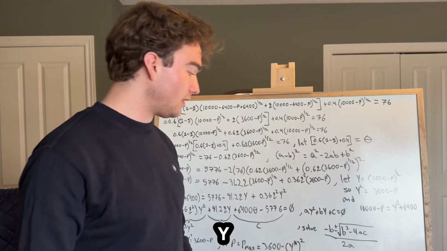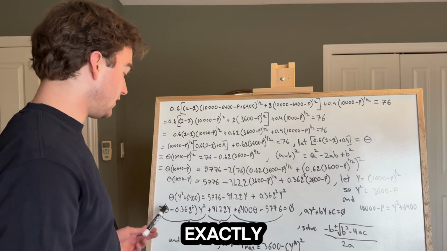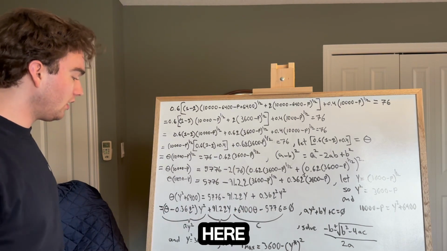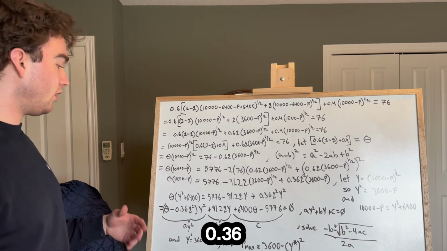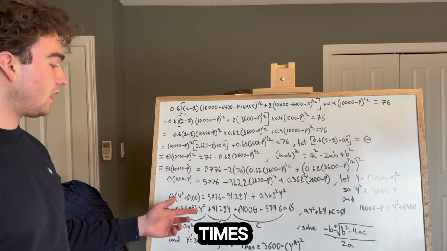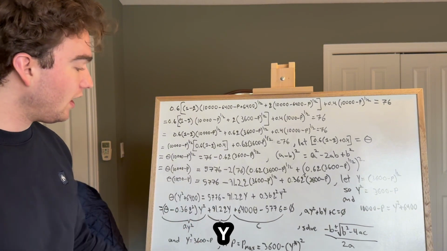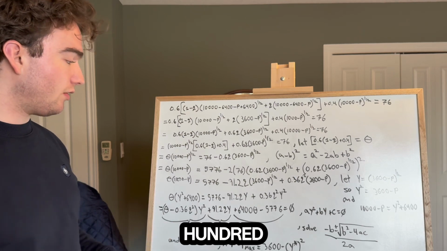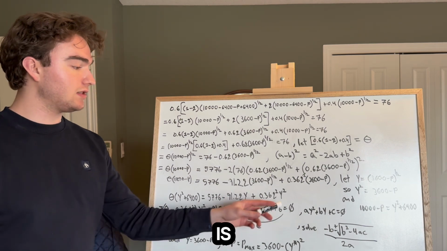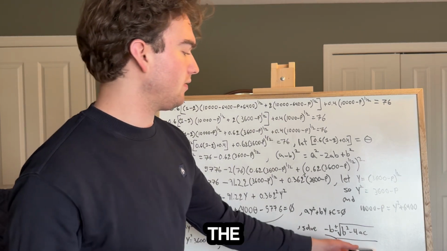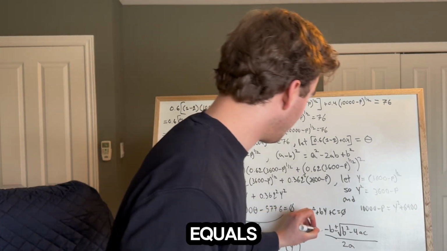So ay squared plus by plus c equals 0, which is exactly what we have here, where our ay squared is theta less 0.36 q squared times y squared. Our by is 91.2 qy, and our c is 6400 theta less 5776. Okay, this is equal to 0. And then this is the quadratic solve for that. Or this equals y.